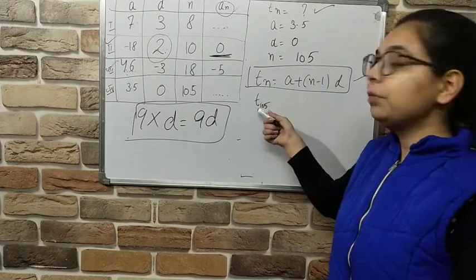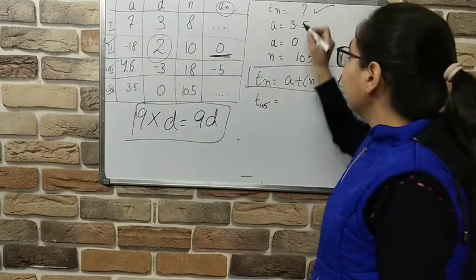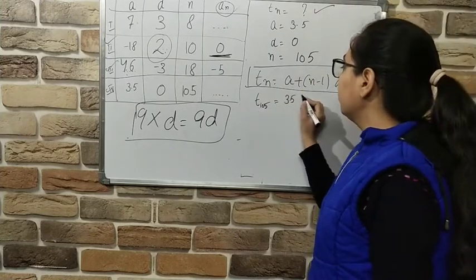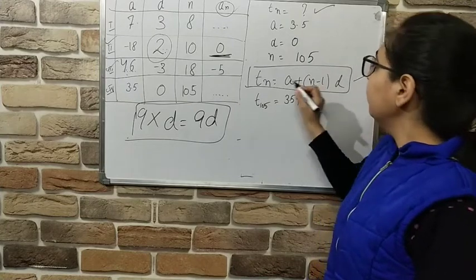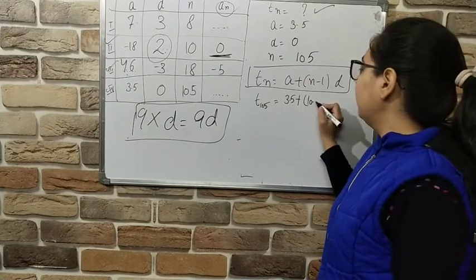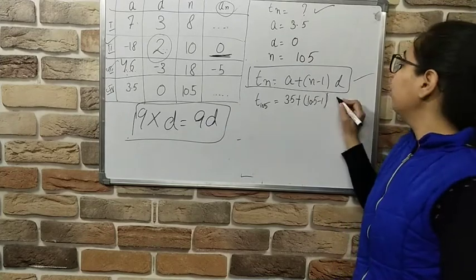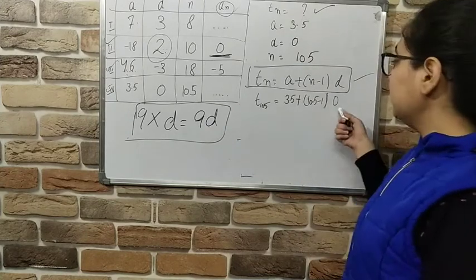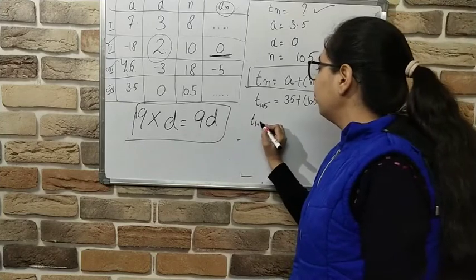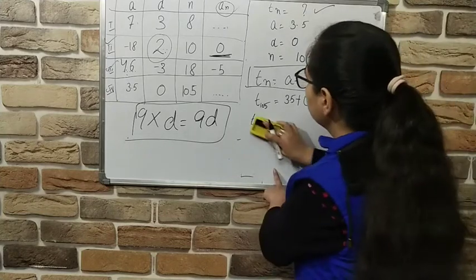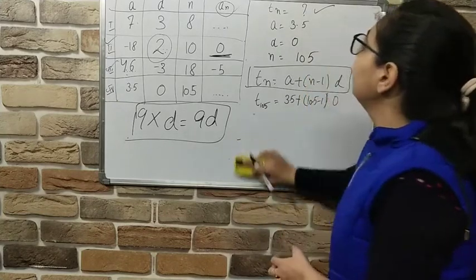That is the 105th term, which is equal to A. A is 3.5 plus N, which is 105, so 105 minus 1 into D. D is equal to 0. We have to find T105.